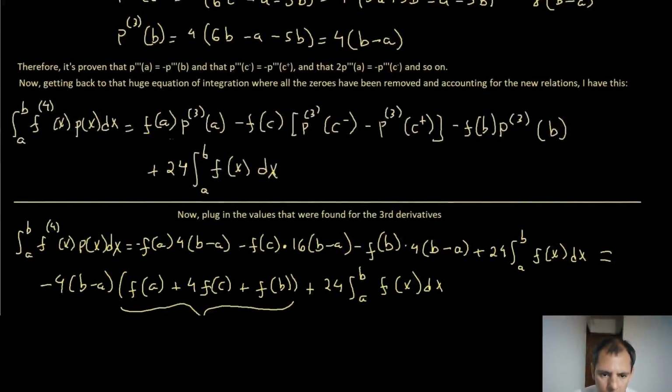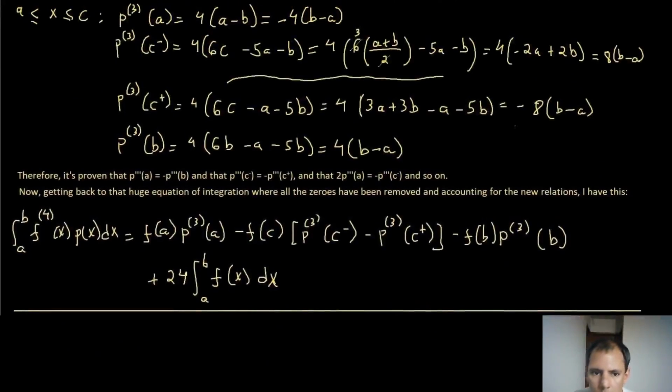From here to here, you're just plugging in the values. Here, you see that this is going to be the third derivative of p of c minus. What is it? It's 8 times b minus a, minus 8 times b minus a, right?